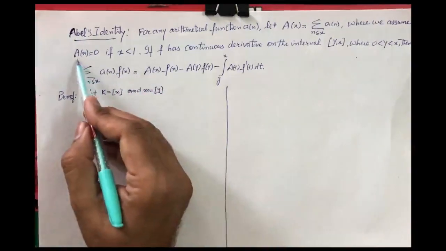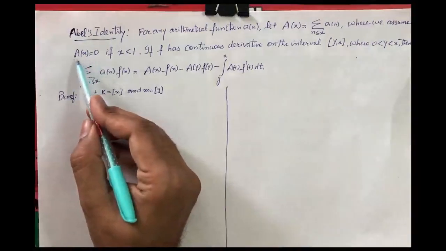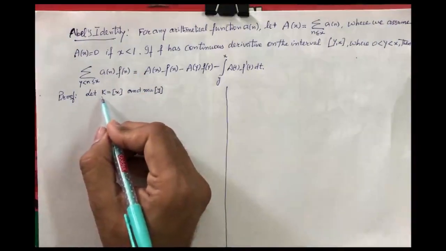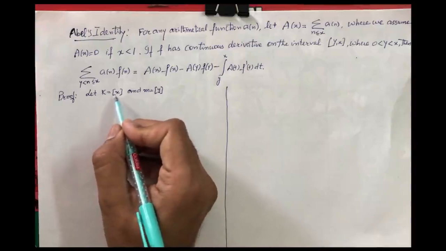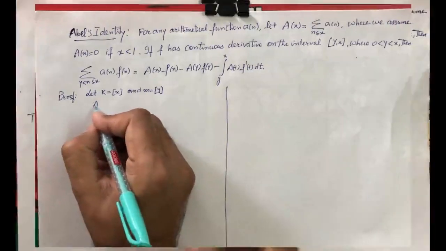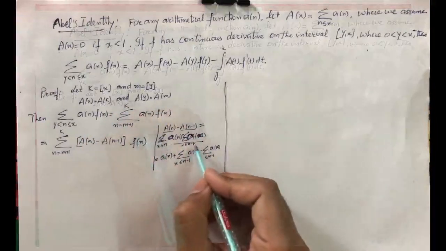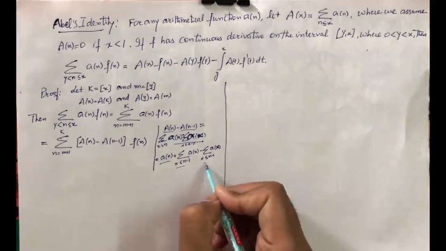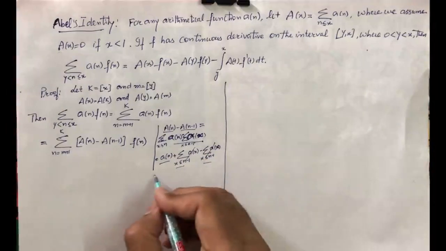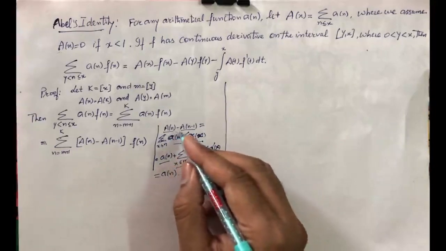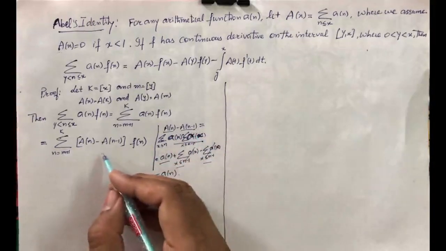Now, as per the definition of capital A(x), and capital A is 0 for x less than 1, the values of capital A are the same for capital K and this k and small x, because the only difference of these two is the fractional part. So by this, capital A(x) is equal to the sum of a(k) and capital A(n minus 1), and opening the first summation for the last term, we are left with this and this, which are of opposite signs, so we are left with an only. So that means an equals capital A(n) minus capital A(n minus 1), that we have used here.